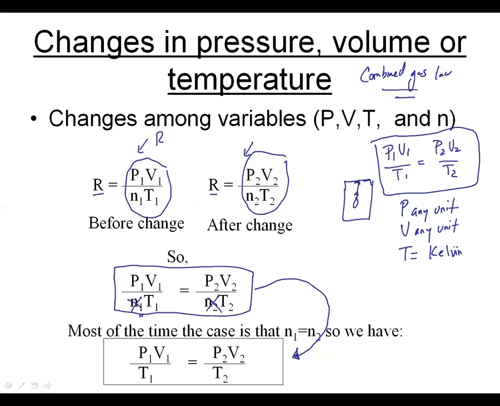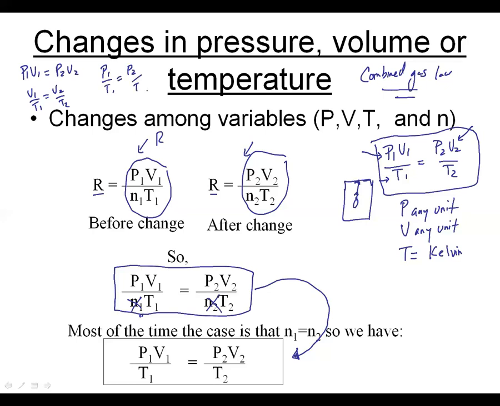The nice thing about the combined gas law is you can use it to figure out the other gas laws we talked about. If you remember, Boyle's law is at constant temperature. So you take out the temperature part and you're left with the top part, which is Boyle's law. Charles' law was at constant pressure. So if you take the pressure out of there, you're left with V1 over T1 equals V2 over T2. And Gay-Lussac's law was at constant volume. So if you take the volumes out of both sides, you're left with P1 over T1 equals P2 over T2.